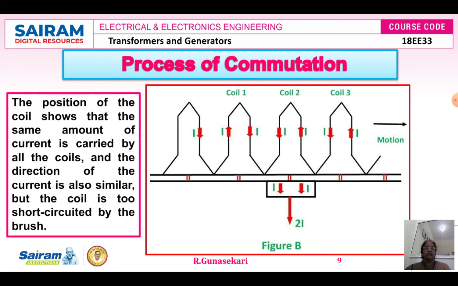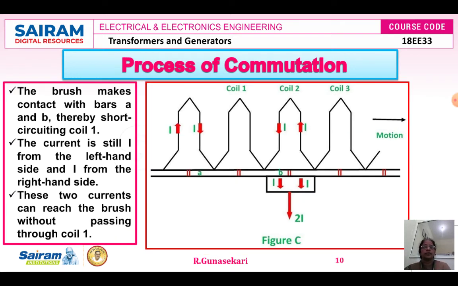These currents are joined together in the carbon brush. Finally, the total current taken from the carbon brush is I only. But in this step the current is flowing through all 3 coils. That means the direction of the current is similar, but the coil is short-circuited by the brush.